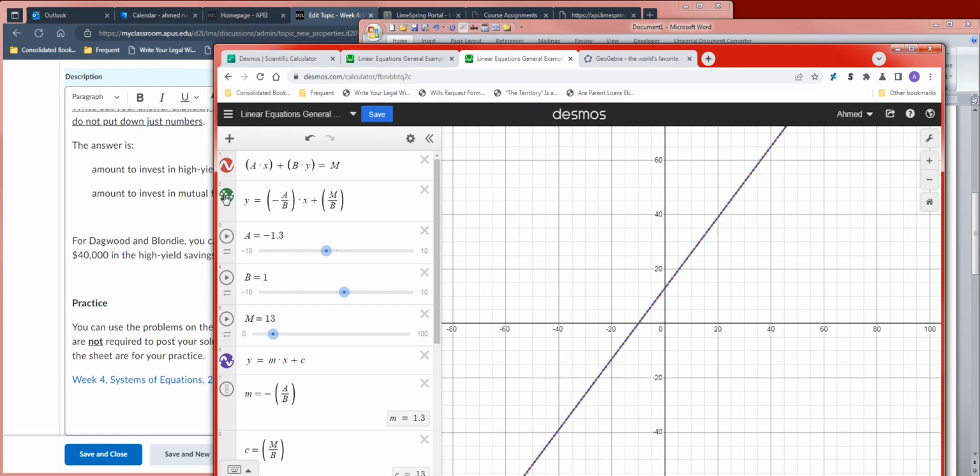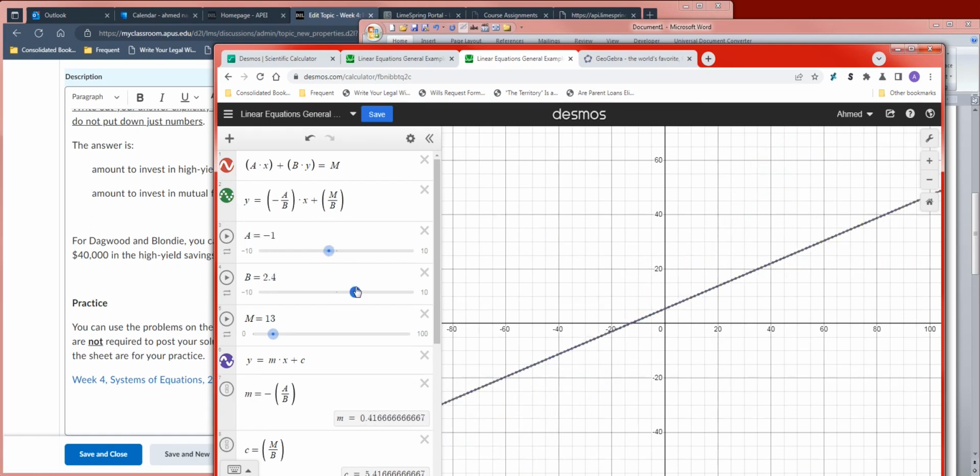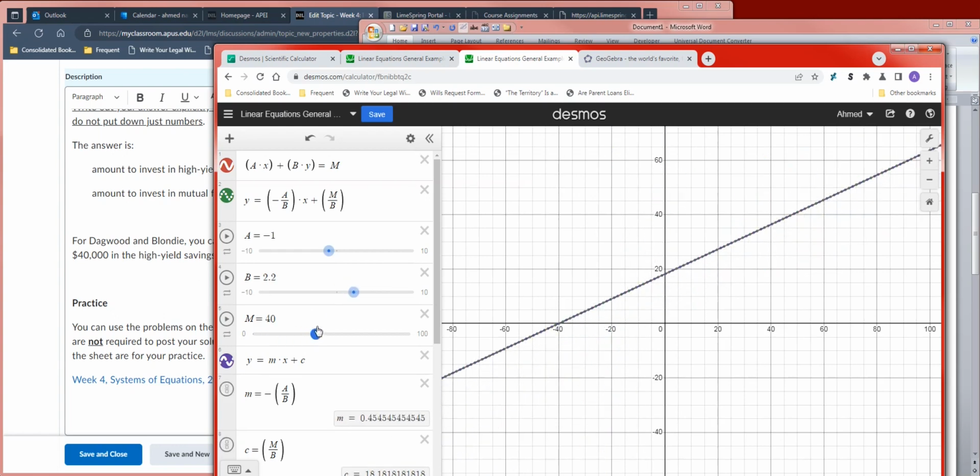They're all the same, and you can see that because as I move these values for A and B around, nothing changes, right? All the three equations remain right on top of each other because all three equations are actually the same equation, just written in slightly different forms.